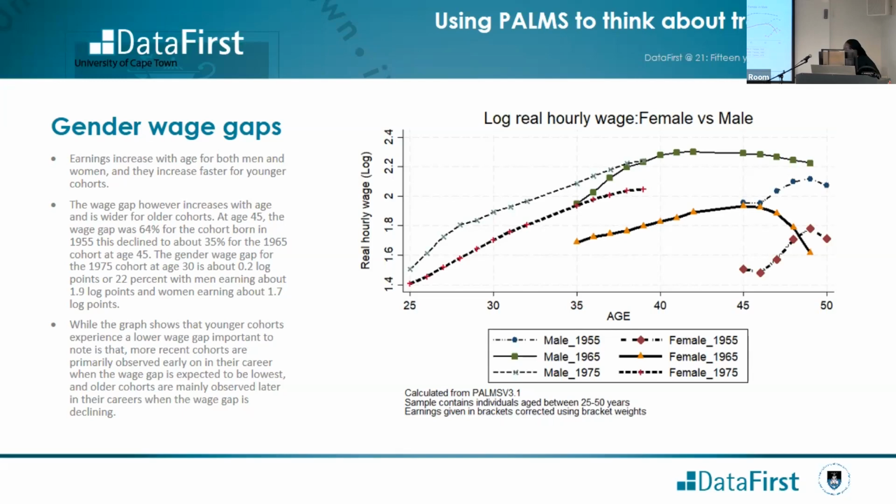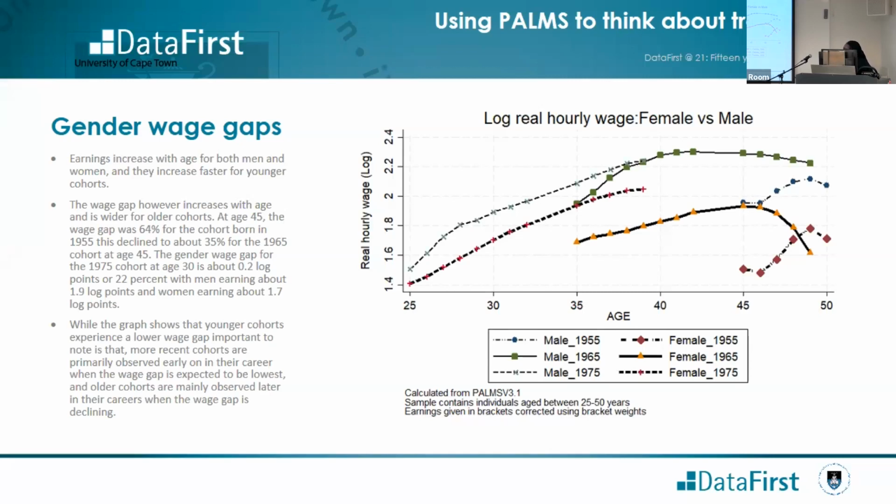Earnings have increased over time. So when you compare the cohort that was born in 1975 and the cohort that was born in 1965, you can see that the trend of earnings is higher for the younger cohort at the same age.